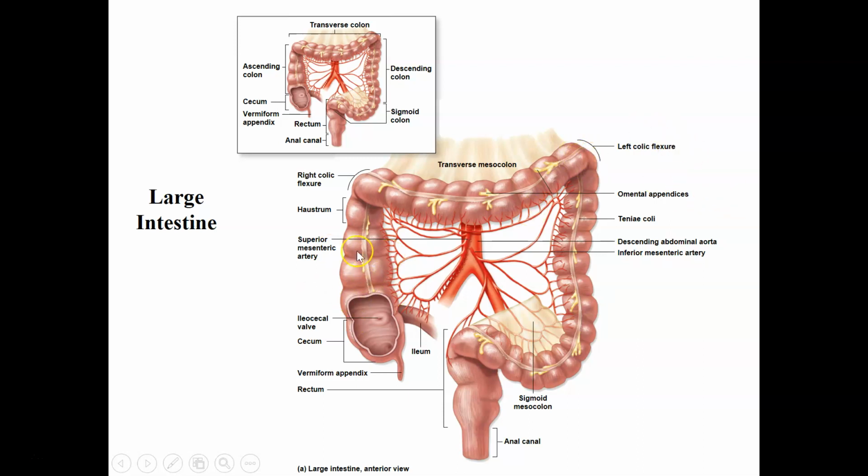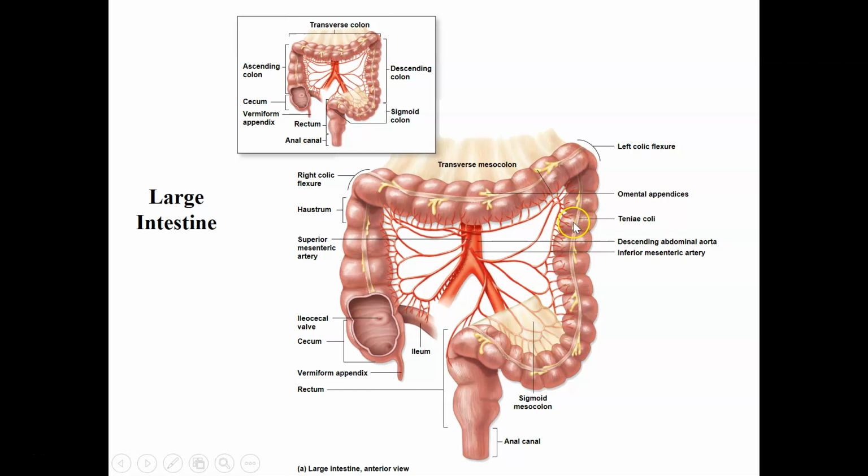If you look at the colon, it has this repeating pattern of bulging segments. Those are called haustra, singular haustrum. Running along the surface of the colon on 2 sides, we're seeing one here, there would be another one on the other side, is a structure called the taeniae coli.